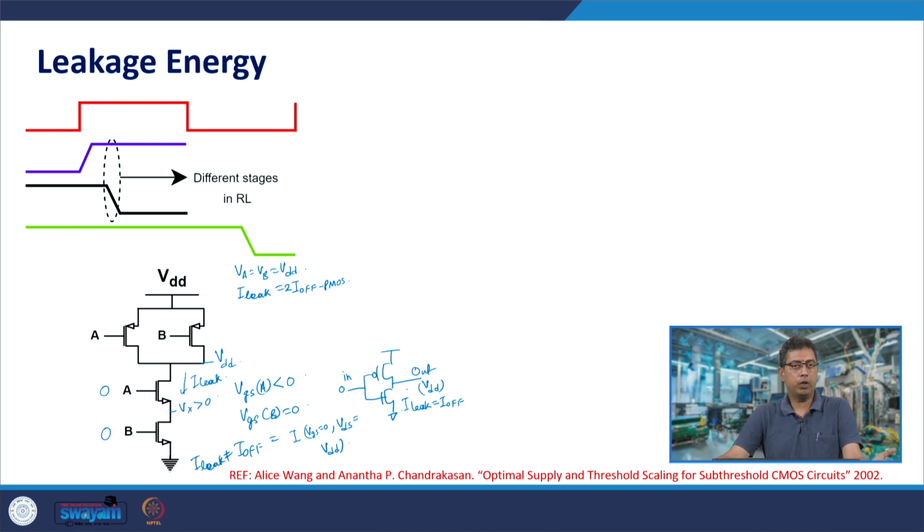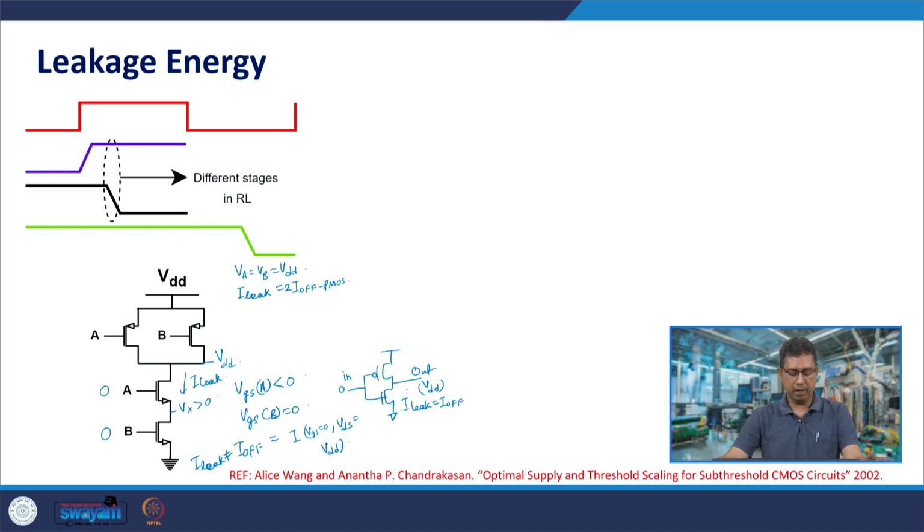So, when we want to estimate the leakage energy of random logic, we need to know the logic gates in that random logic and also the input values. We would usually do it over a long period of operation, so that all possible input vectors for the logic path are covered, and you have an average leakage current of the gate.